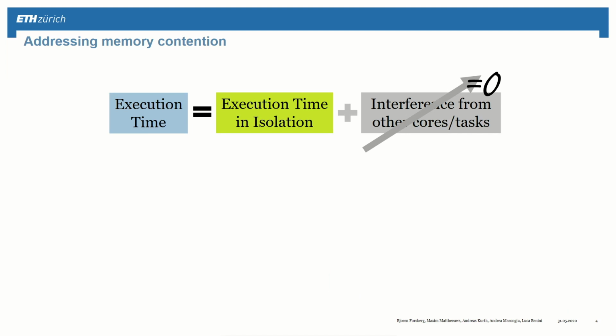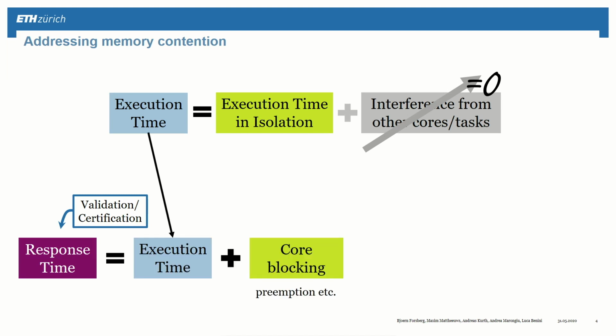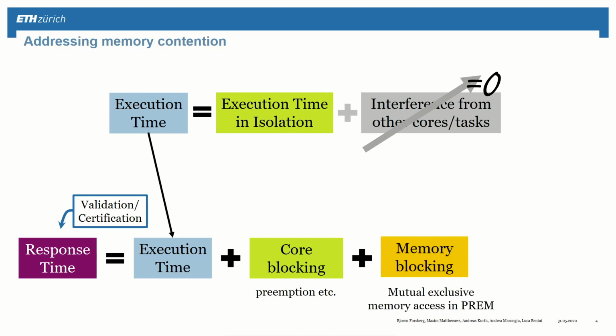Now, the execution time, which we have now greatly simplified, is not the only thing we have to care about. We also have to care about the total response time. The total response time, of course, also depends on the execution time, but also on the core blocking time, for example, if we are preempted. But new to PREM, we also have to take into consideration the memory blocking time because we have this mutually exclusive access to memory.